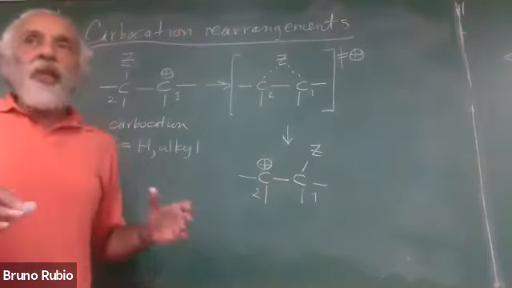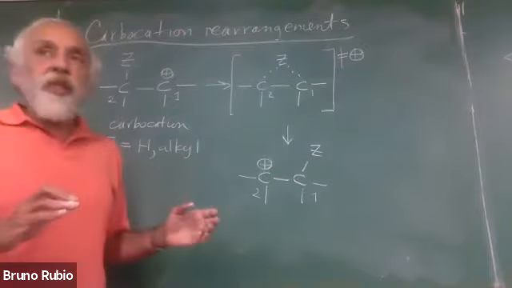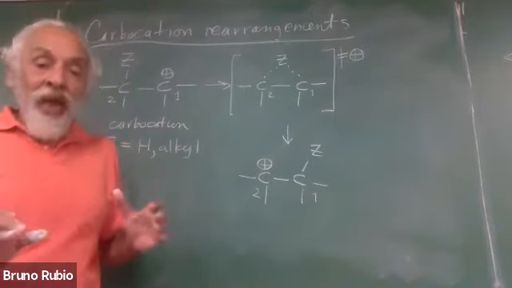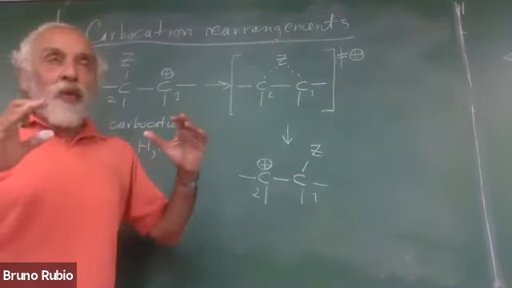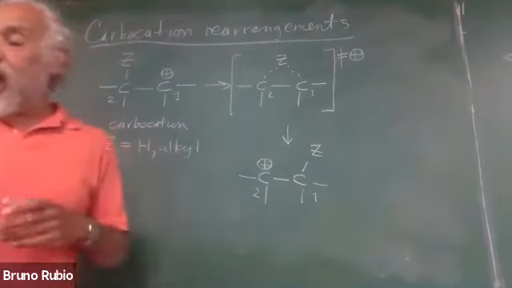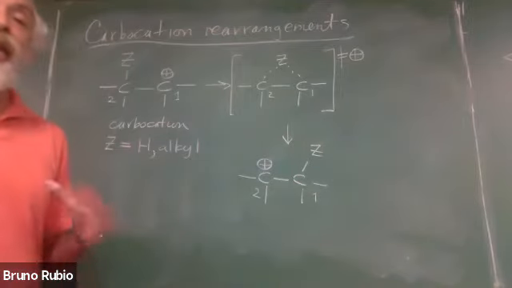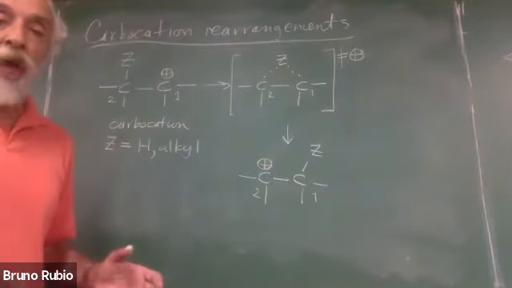Now, these rearrangements, although they are a nuisance, do not happen willy-nilly. They're not random. We can predict that a carbocation rearrangement will happen when we can go from a less stable carbocation to a more stable carbocation.